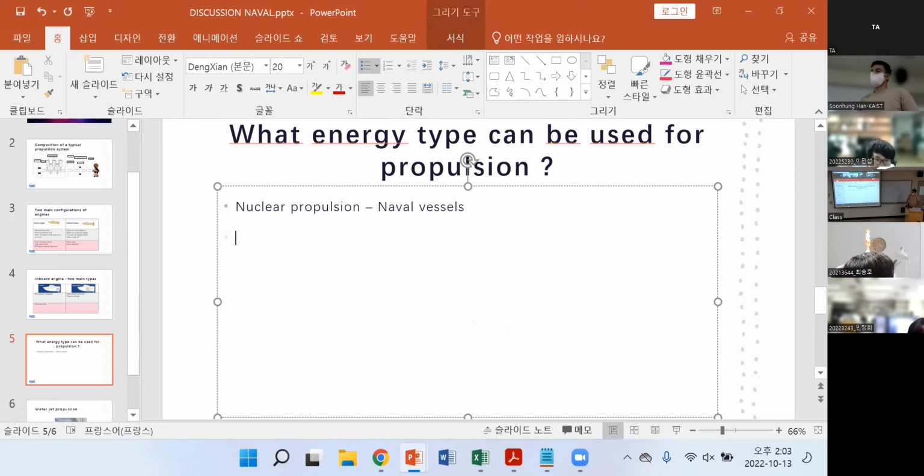The wind, wind propulsion, the wind power. Fuel. Steam power. Electrical also.